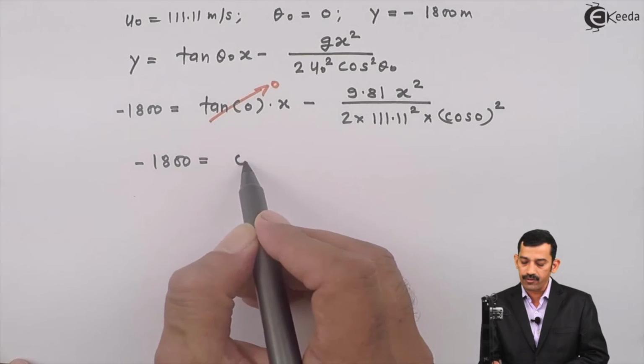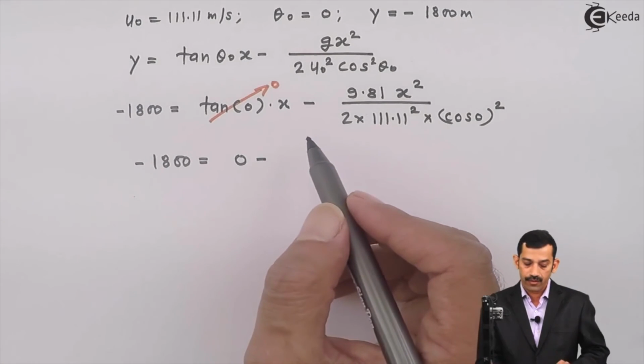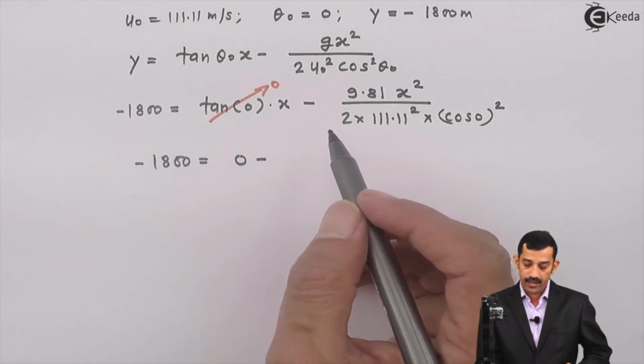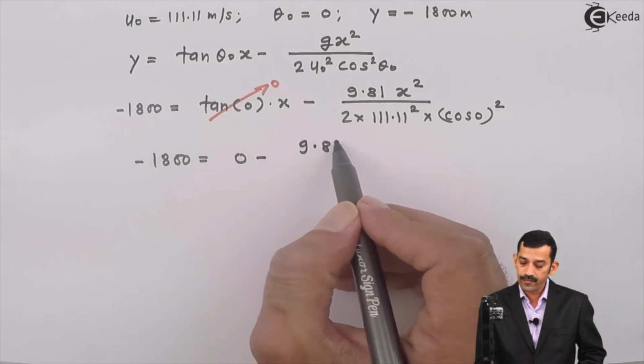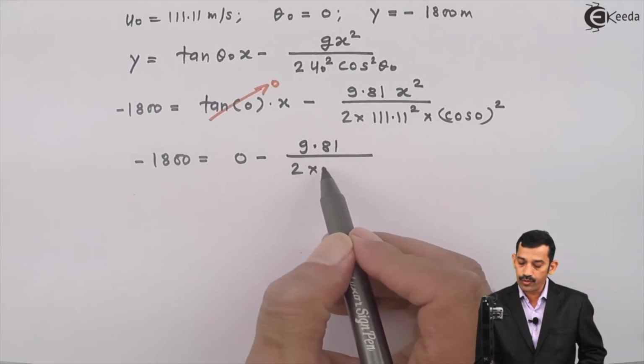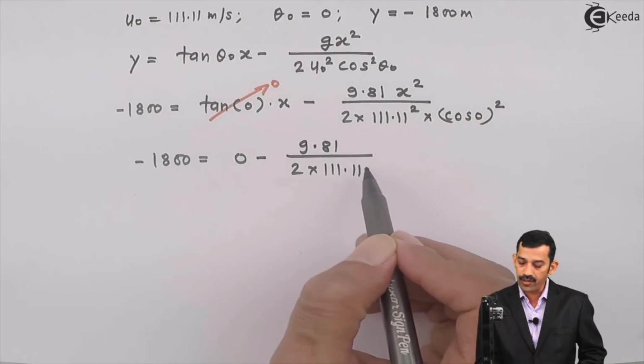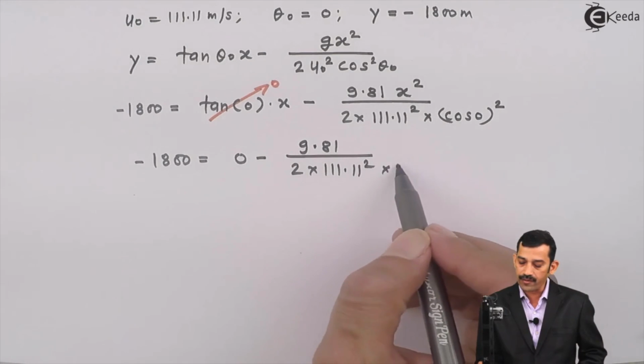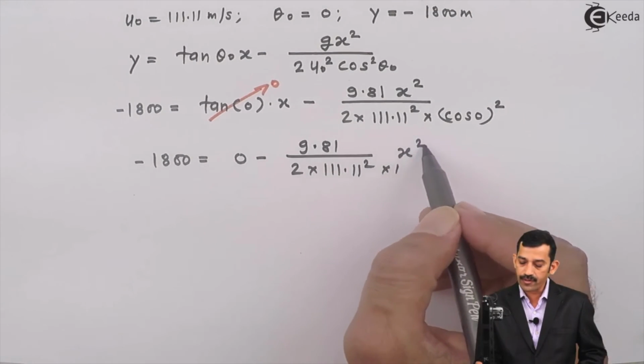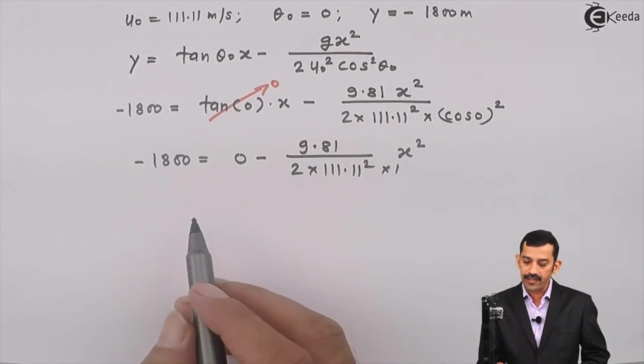So this term is written as minus 1800 equals 0 minus 9.81 divided by 2 into 111.11 square, cos 0 is 1, multiplied by x square. That means simply minus minus gets cancelled.